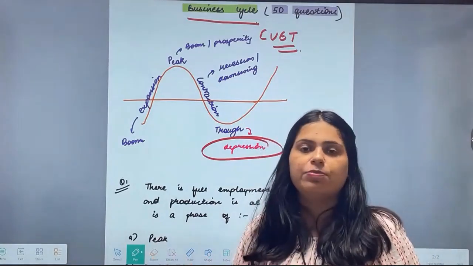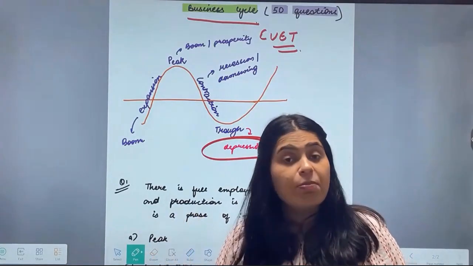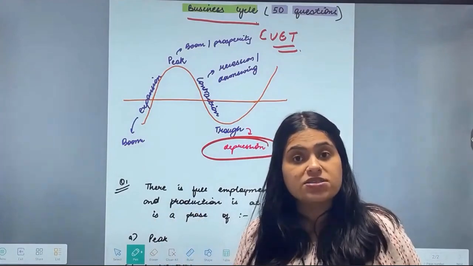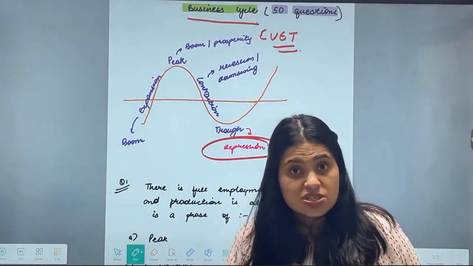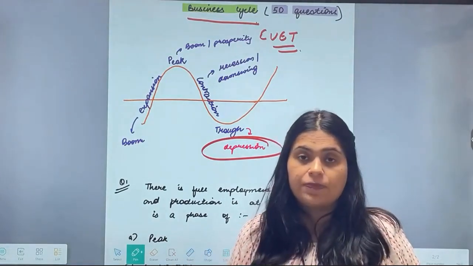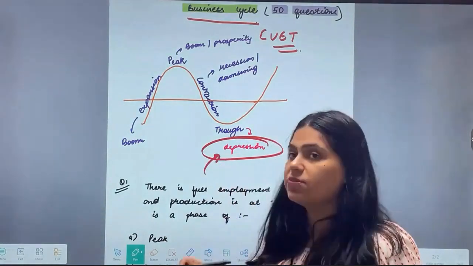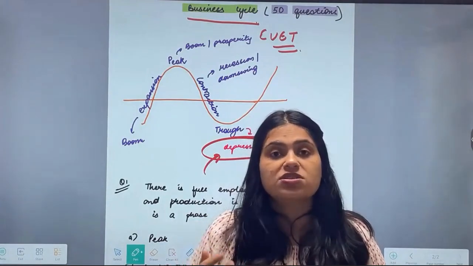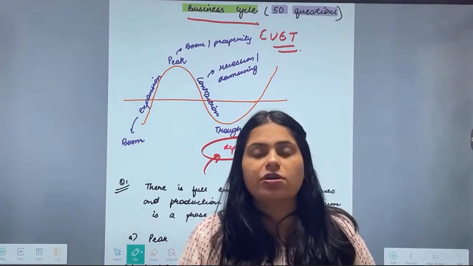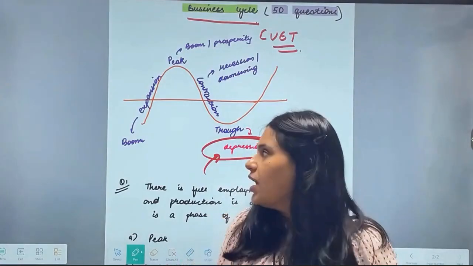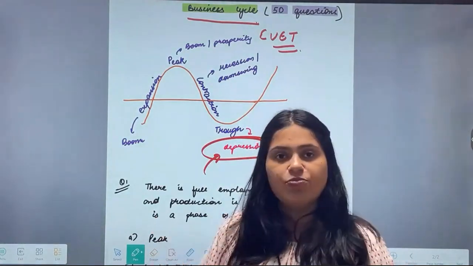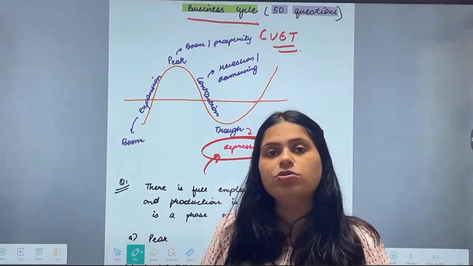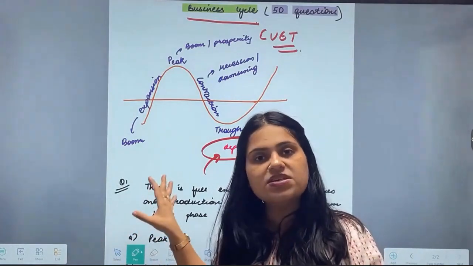Very few people are employed, people don't have bargaining power to ask for good income, wages are falling, prices are falling, and you need some stimulus from the government also. You need some fiscal policies, some monetary policies, etc. Right, beta?